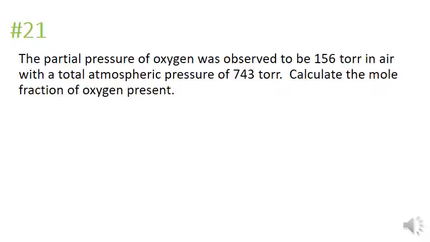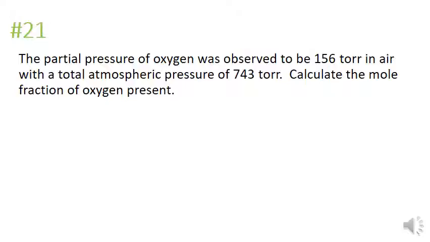So here we go. The partial pressure of oxygen was observed to be that, with a total atmospheric pressure of that. Calculate the mole fraction of oxygen in the tank. 156 divided by 743. Yeah. But let's get rid of the words.